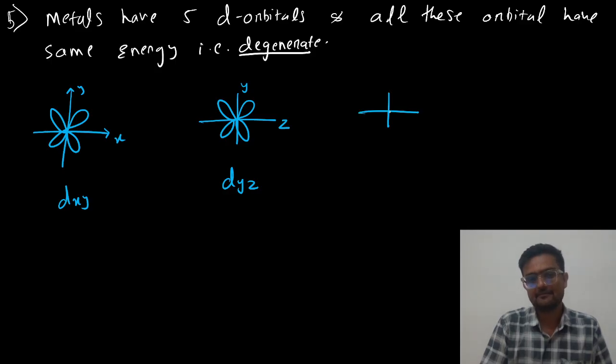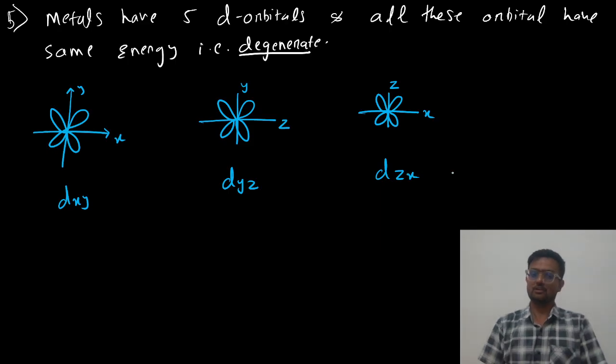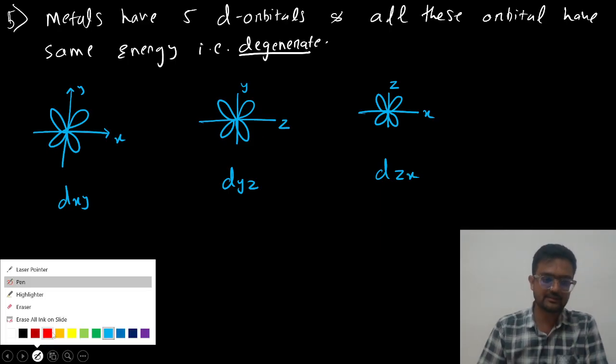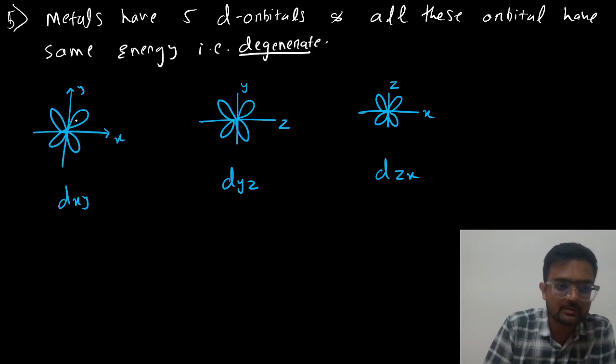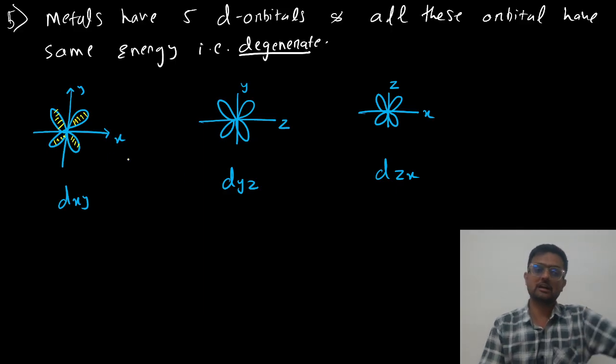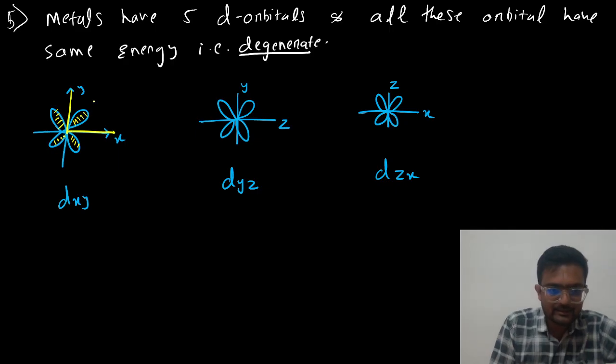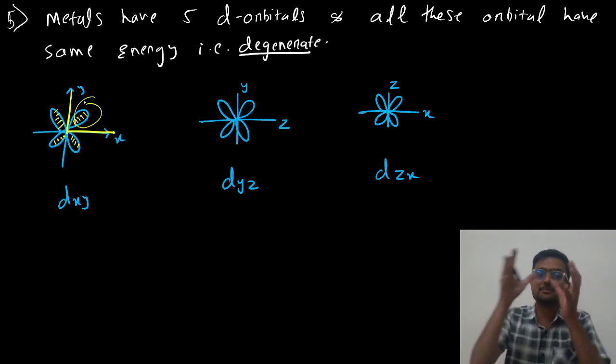And third, if I draw something like this between the z axis and x axis, this is called dzx. Now in these orbitals, the metal's d electrons will be present, right? And as these orbitals are present in between the axes, the electron density is between the axes.